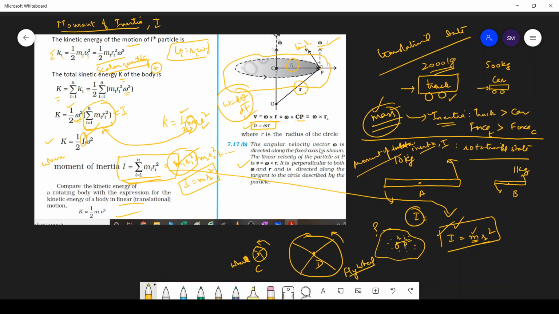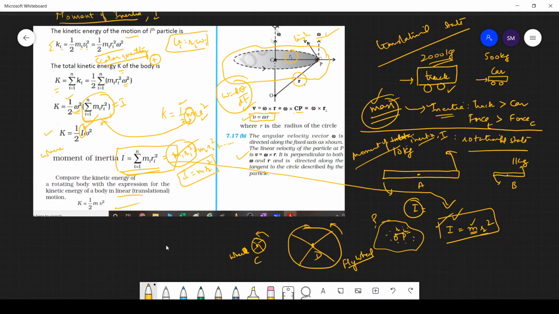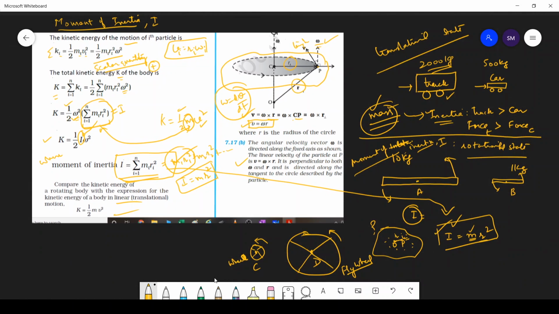Now you have understood the meaning of moment of inertia. It doesn't allow a body to change its rotational state. The more the moment of inertia, the more the resistance. Different bodies have different moments of inertia, so we need to calculate that.